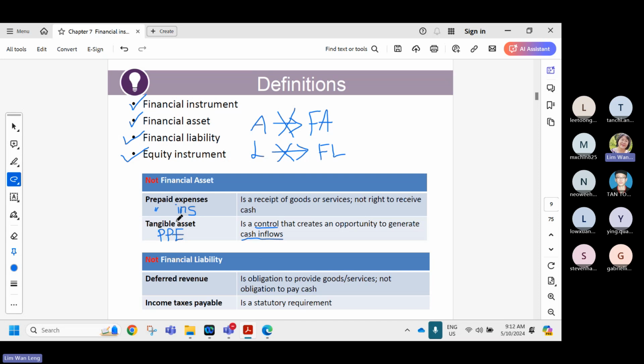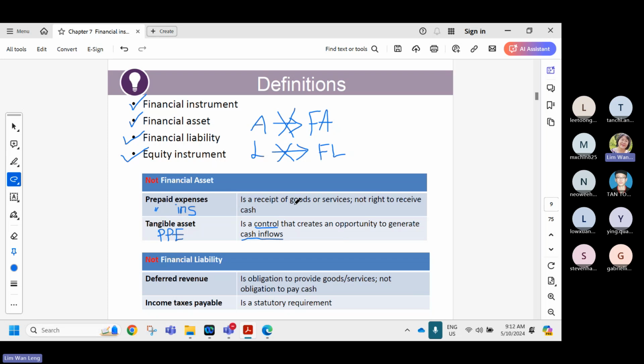So they will just tell you, since you already prepaid the insurance premium or you prepaid your electricity bills, in the future, as time passes by, we will just provide you with the insurance coverage, or the electricity services, but we will not have any contractual right to receive cash.